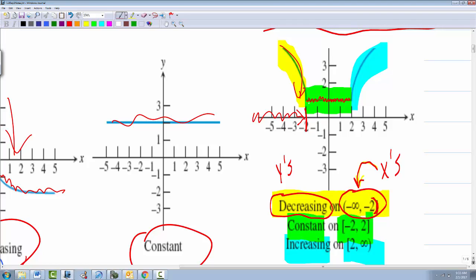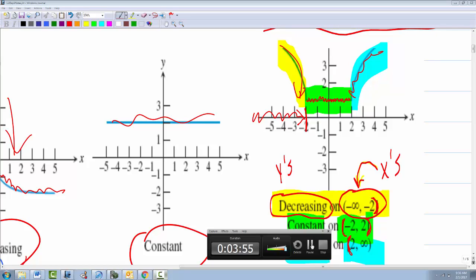So now what's happening from here to here? Constant. And it's constant from the x values plugged in, negative 2 to 2, parentheses. And then what's my graph doing from here to here? Increasing. This is all I should have to do to describe this concept. It's one of the easiest of all these things for describing what's happening in a graph.